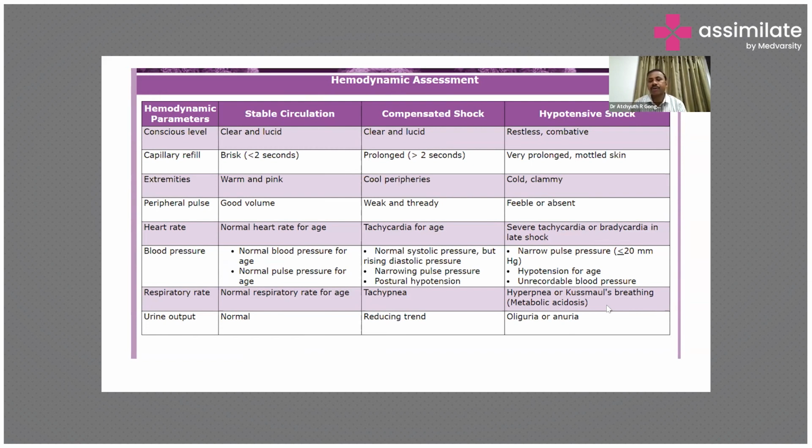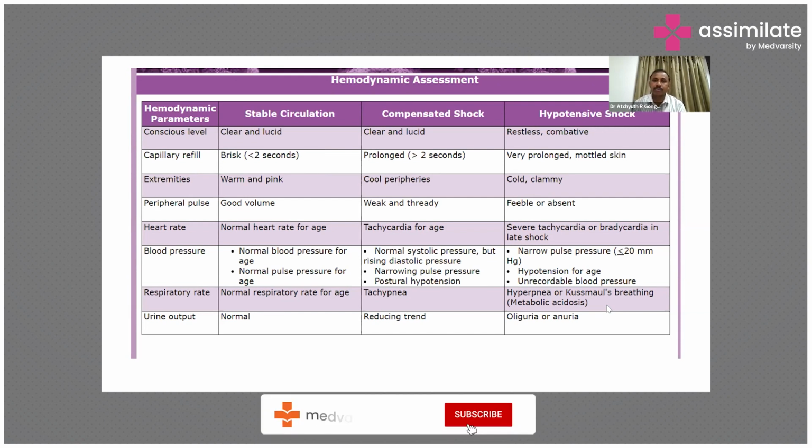And if you happen to monitor the urine output before this shock has started, there can be a reducing trend in the urine output.